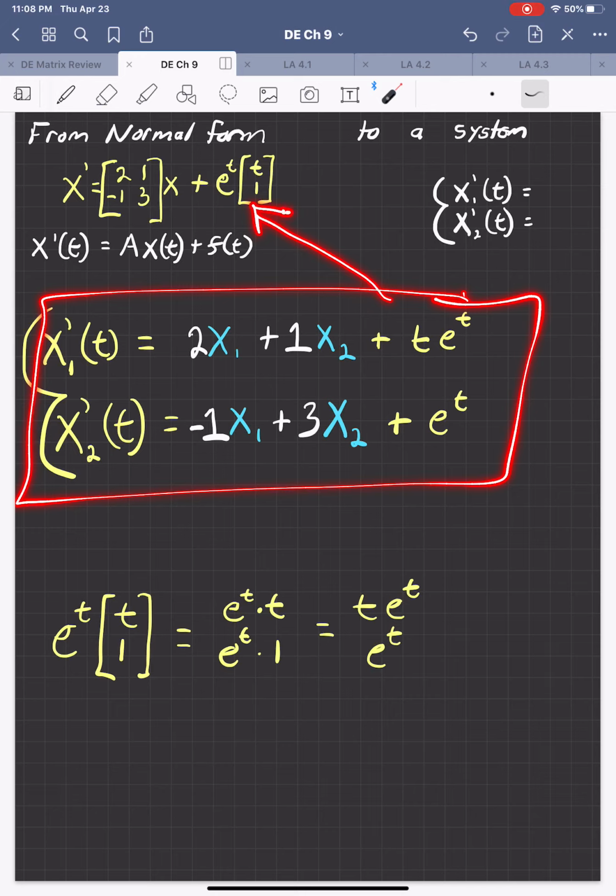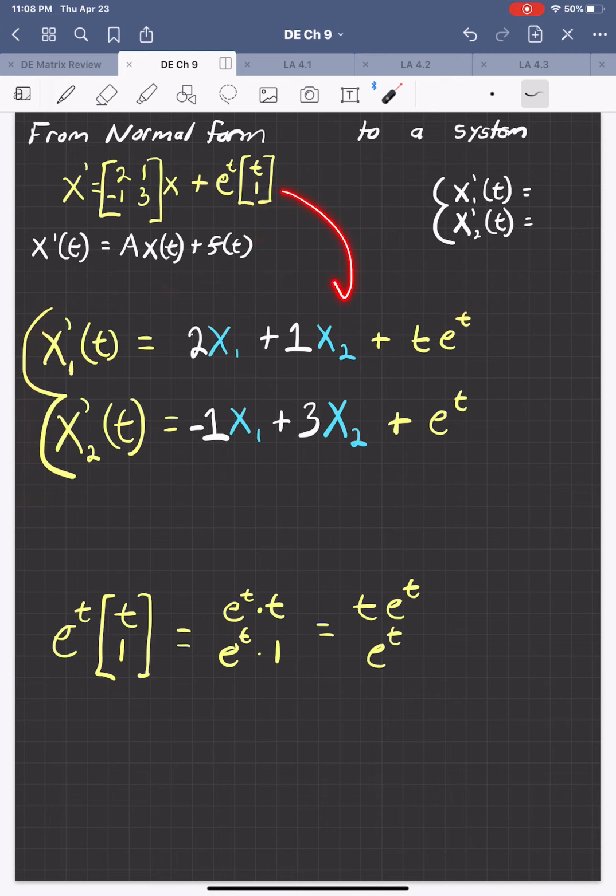You already know we've worked the problem one way. You could see if you can work it back. If you wanted some extra practice, just like on the previous form, we started here and wrote it in normal form, you could take the normal form and see if you can get back to this system of differential equations.